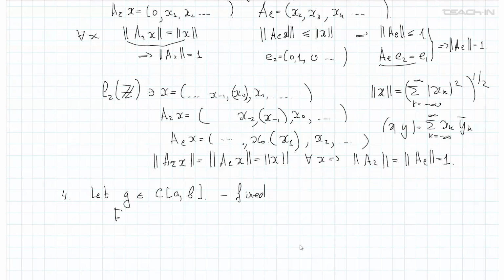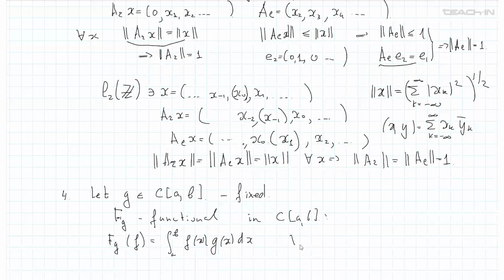Consider the functional F which acts by the formula integral from a to b of f(x) g(x) dx for any f from C[a,b]. So it is integration with a fixed function g. Of course, it is a linear function.